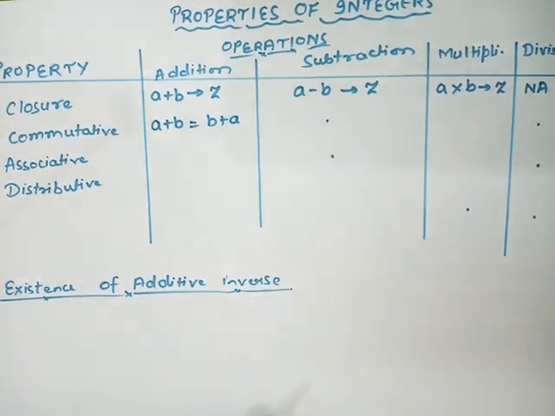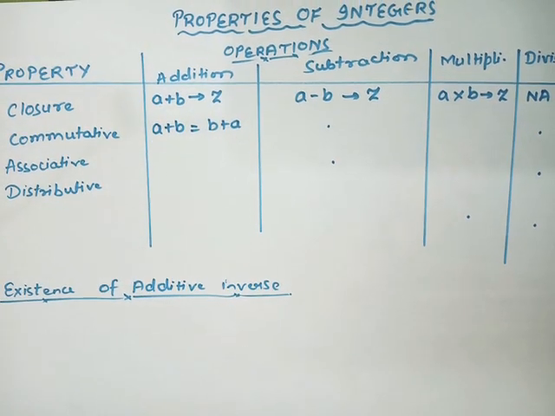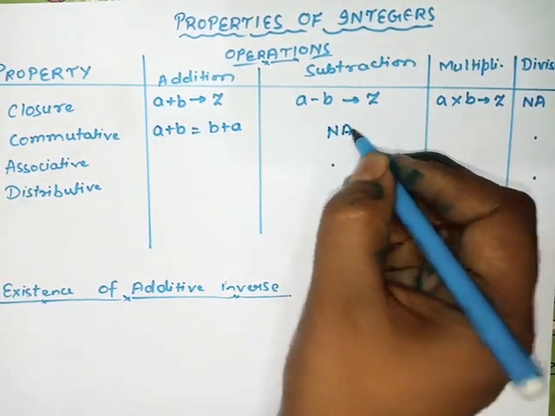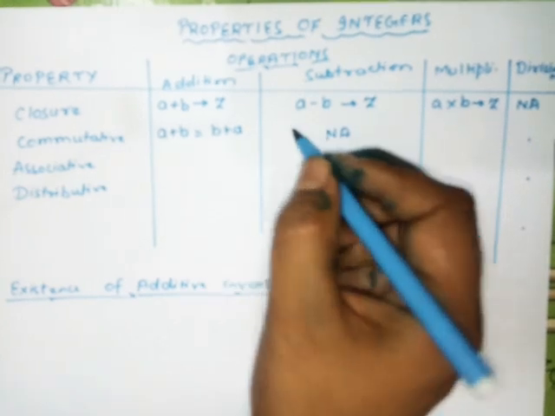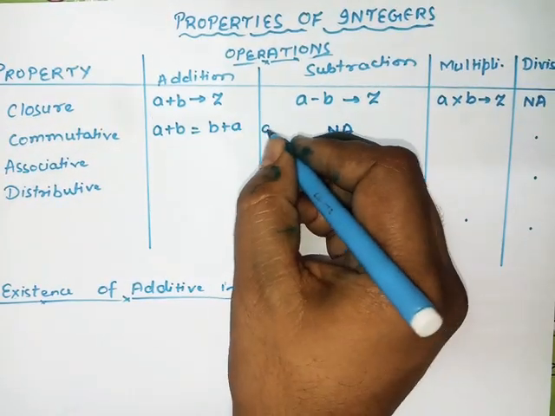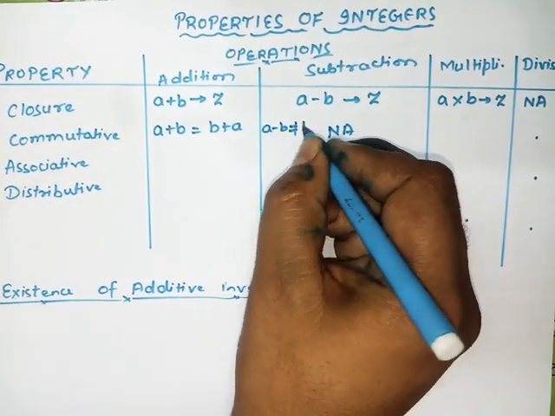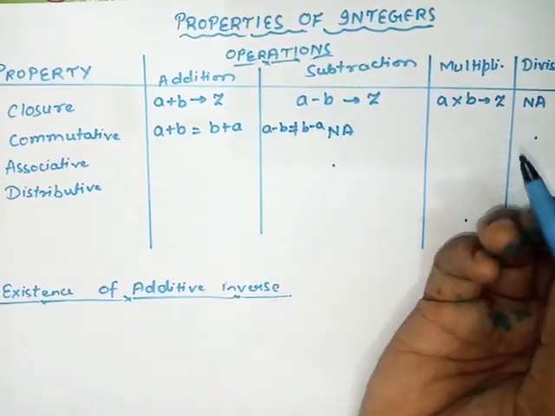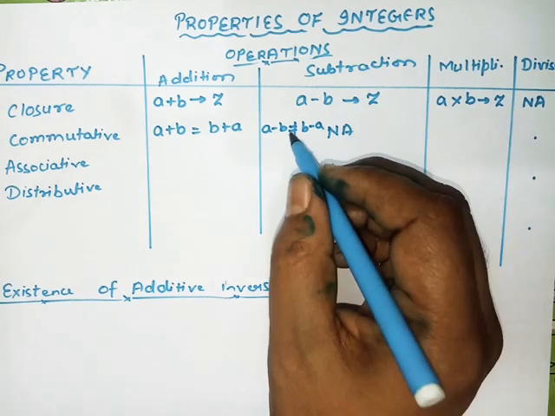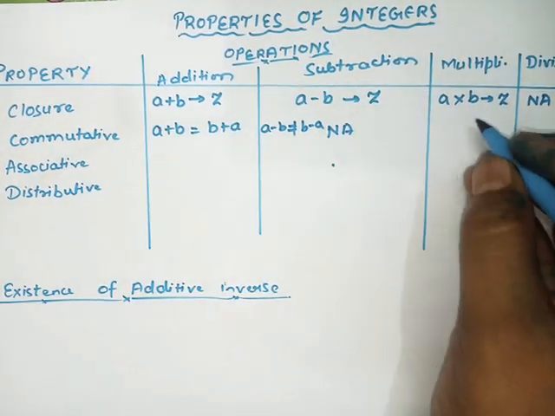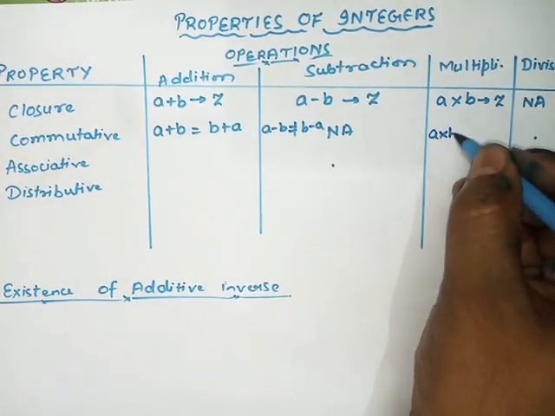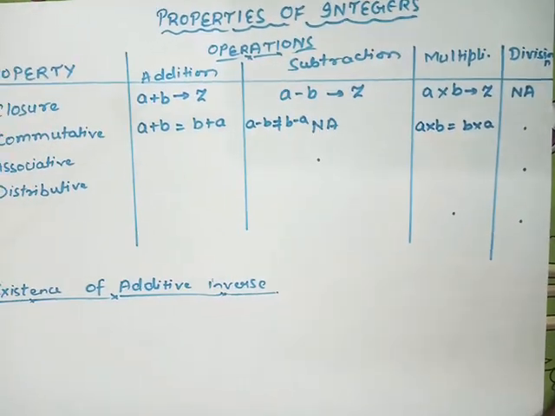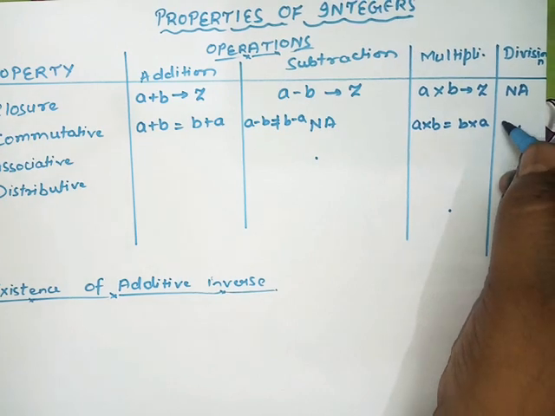The property is applied in addition, and in subtraction this property is not applied, because a minus b will not be equal to b minus a, as 2 minus 3 is -1 and 3 minus 2 is 1, so both are not equal, hence it is not applicable. In multiplication we can say that a into b is equal to b into a, it is correct. And in division it is not applicable, as a upon b is not equal to b upon a.